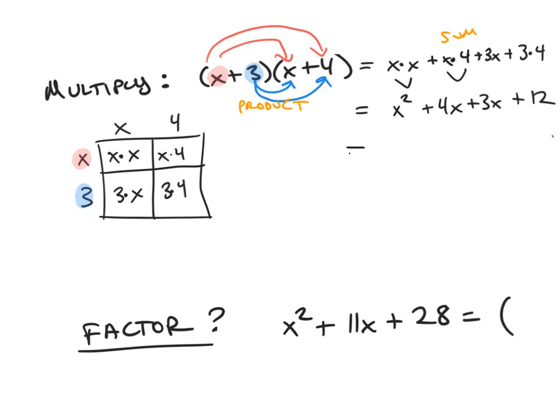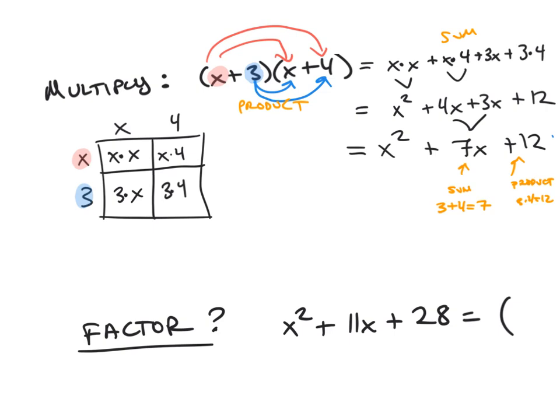Okay? So x squared in the middle, when you add these like terms, 3x and 4x, you get 7x, and on the end we've got 3 times 4, which is 12. Again, we've got an interesting pattern involving a product and a sum. The sum is 3x plus 4x, and 3 plus 4 gives us 7, and the product is 3 times 4. 3 times 4 gives us 12, and it's just cool.